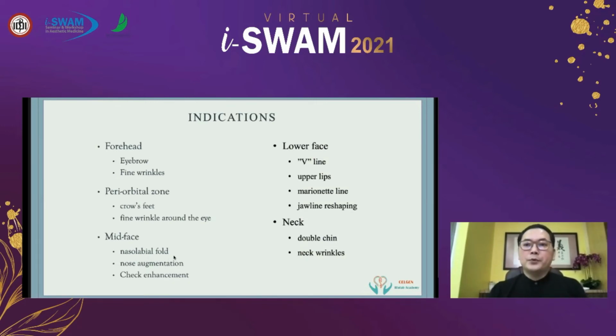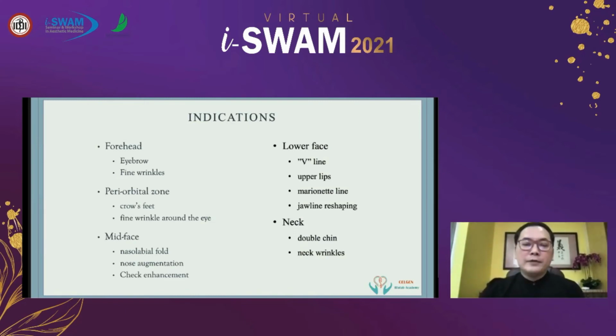Either you can put the monofilament basically for volumizing, or you can pull for deep tissue repositioning, which also will lighten the nasolabial fold. I'm sure with nose augmentation nowadays, people are quite familiar with the nose thread lift.